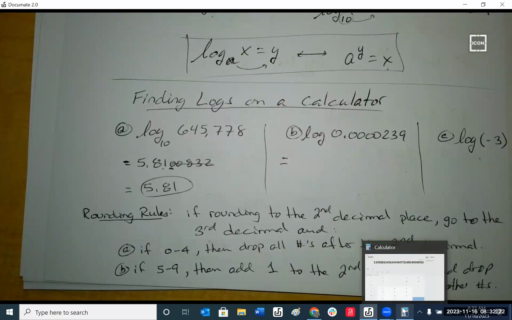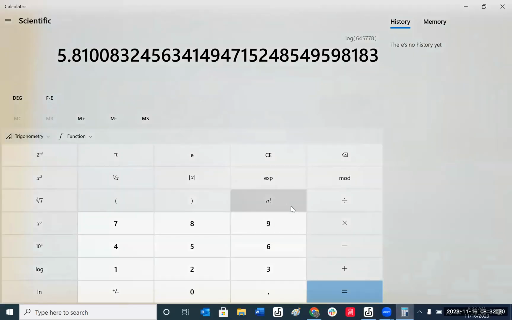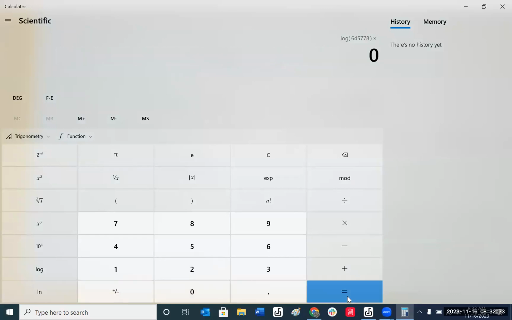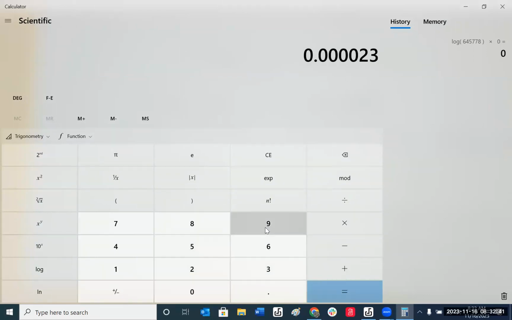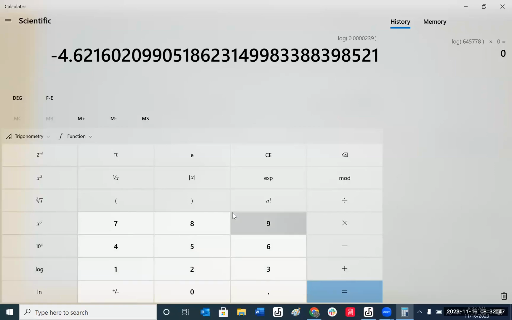All right, so let's look at log base 10 of 0.0000239. So I come back over here, multiply by 0 to clear it out. So I have 0.0000239, and I take the log of it. Since it's a very small number, we get 4.621602099 with a negative sign.